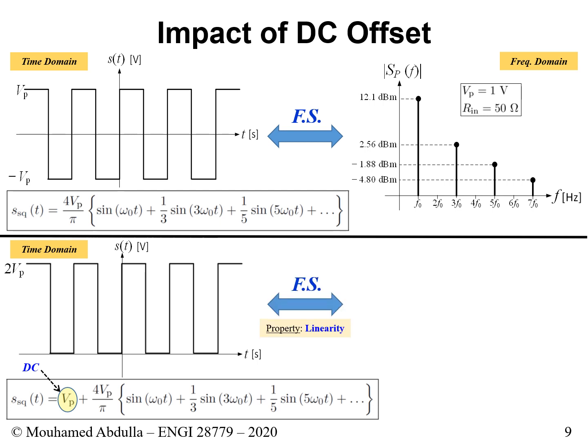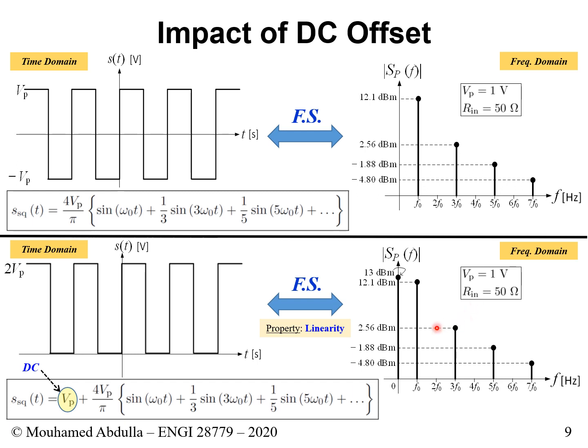We use the principle of linearity, and essentially what linearity tells you is that, as we saw earlier in this lecture when we invoked the linearity principle of Fourier series, we're basically adding two signals. We're adding a DC signal, just a flat line, a flat DC voltage of VP across different times, plus the original signal.